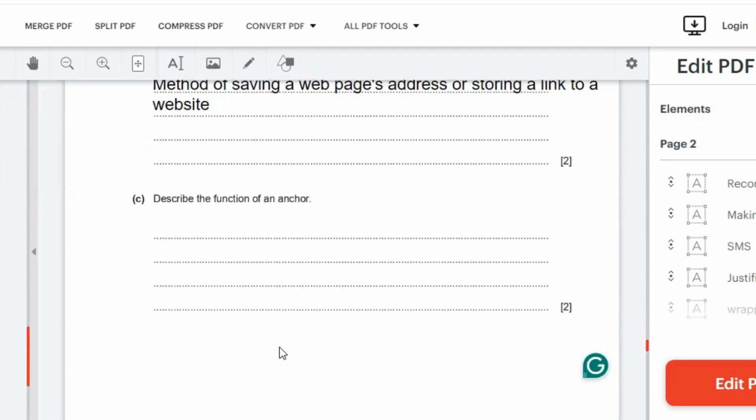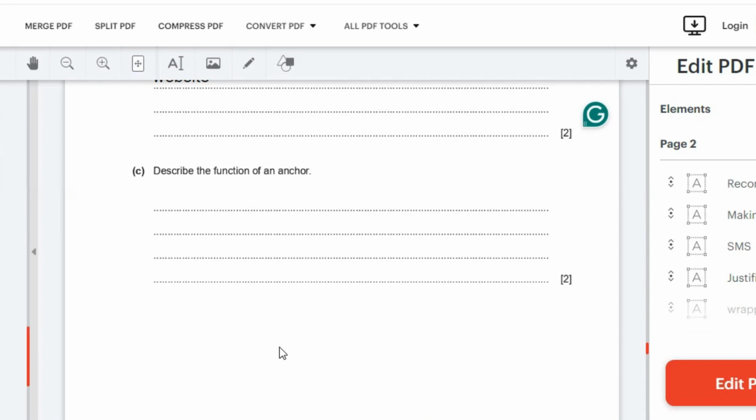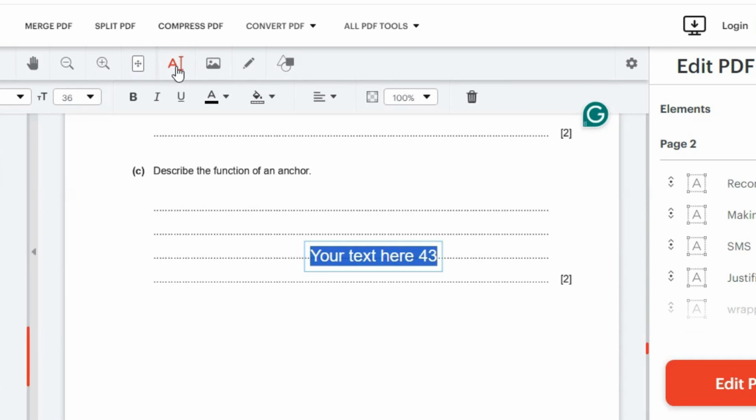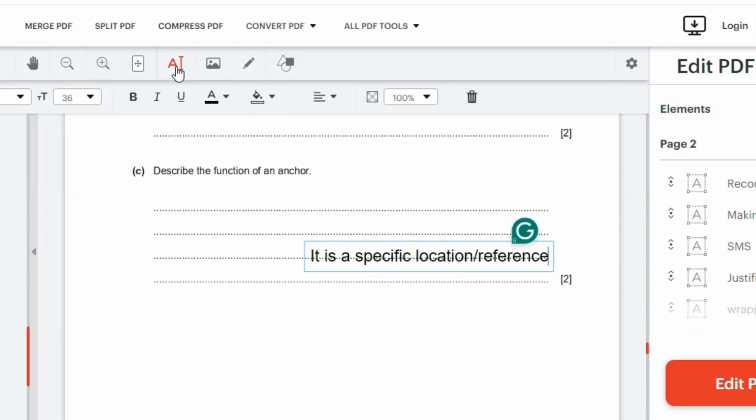Then 13C, we are told to describe the function of an anchor. An anchor now is a specific location or reference point within a web page.